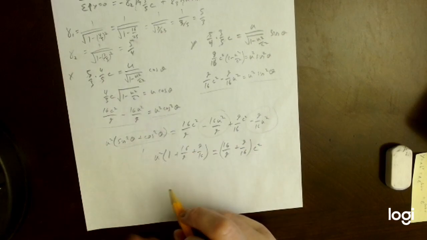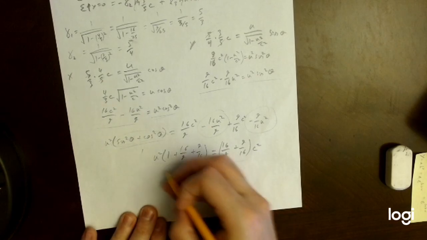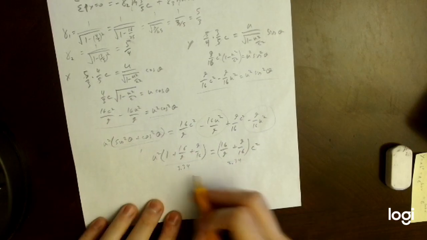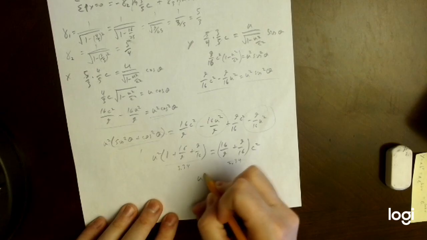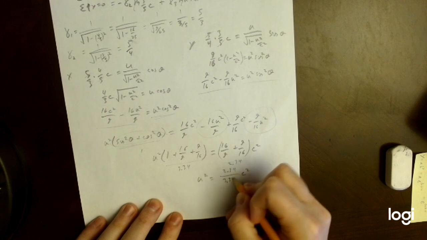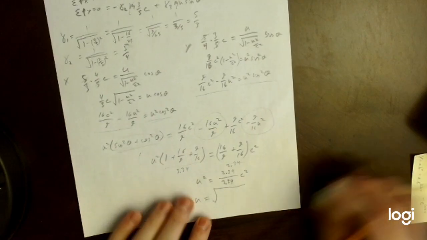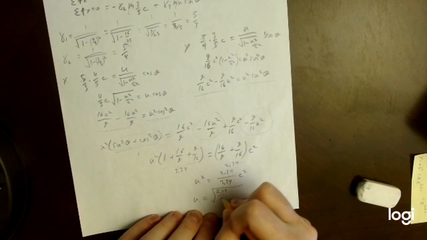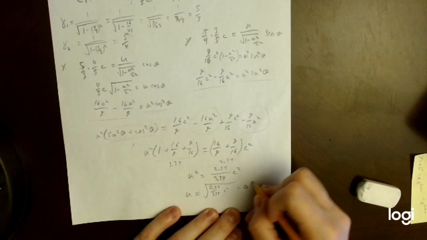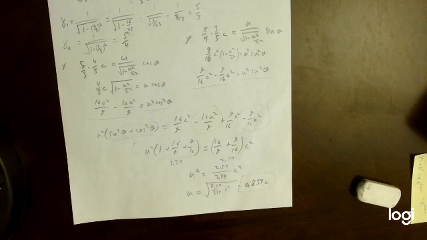Now, if I add all of these things up, this becomes about 3.34 and 2.34. So I can then just say u squared is c squared in the ratio 2.34 to 3.34. And if I square root all of that, I will get square root of 2.34 over 3.34 c, which will be about 0.837 c. So that's the speed of this thing.